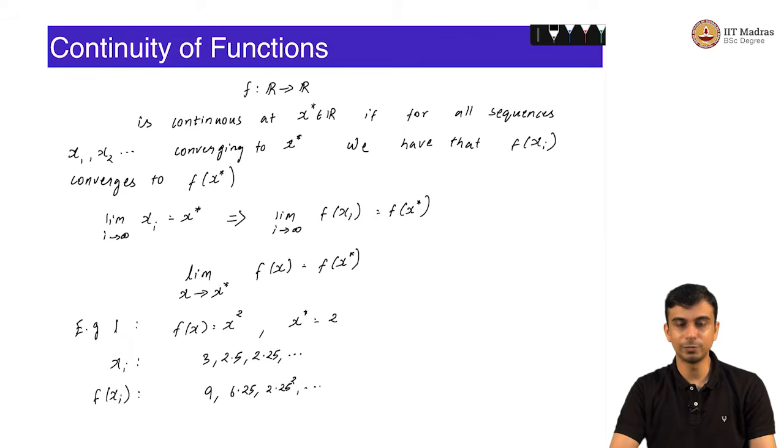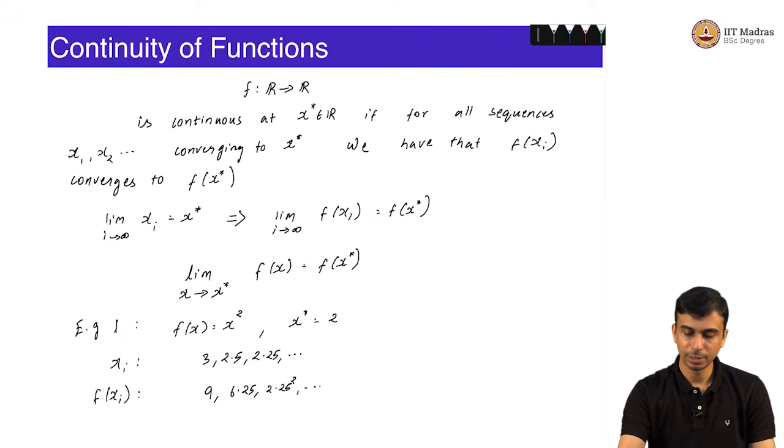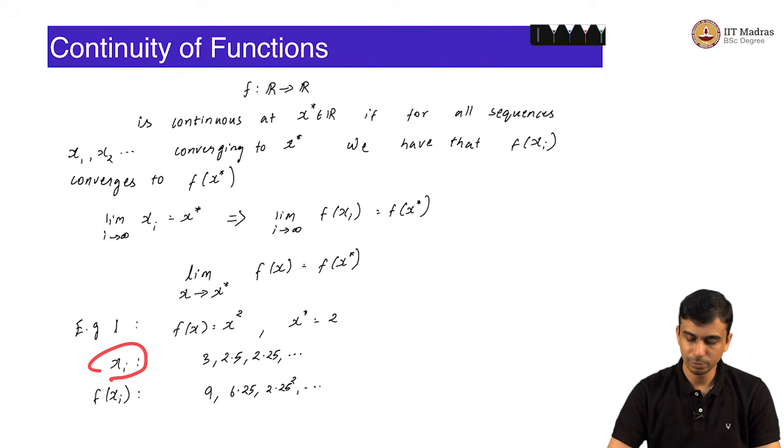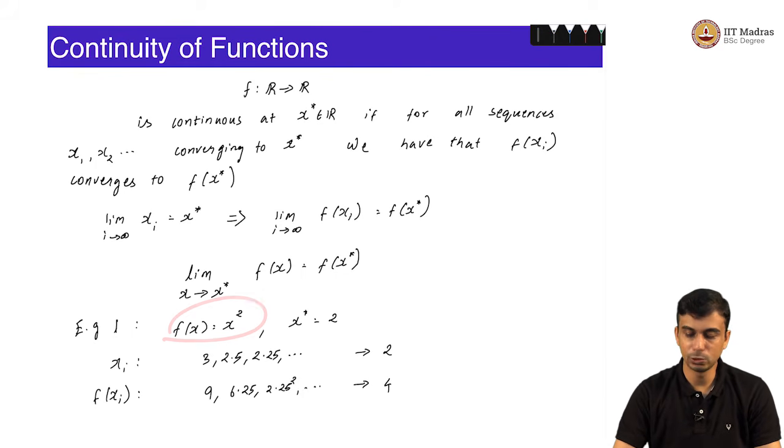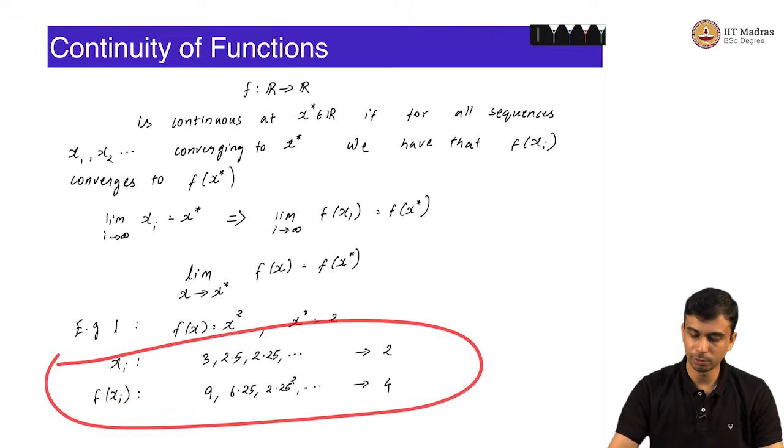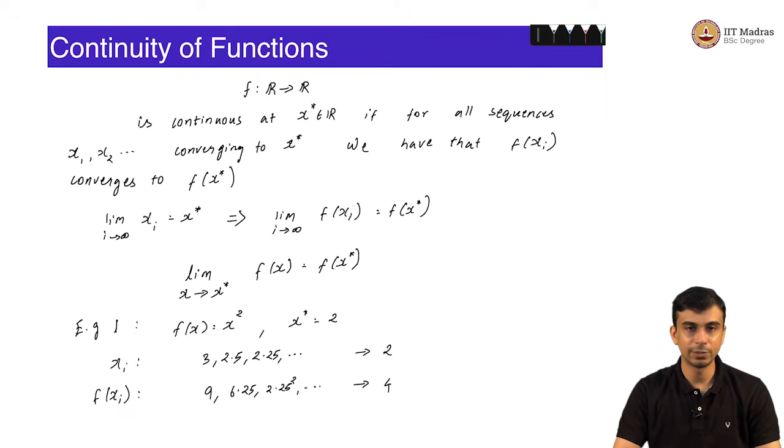Now you have this sequence f of xi. You can clearly show that as your xi approaches 2, f of xi will approach f of 2, which is equal to 4. So this will approach 2 and this will approach 4. So we have that f of x is equal to x squared is continuous at x star is equal to 2. In fact, it is continuous everywhere, but this particular argument only says that f of x is continuous at x equal to 2.